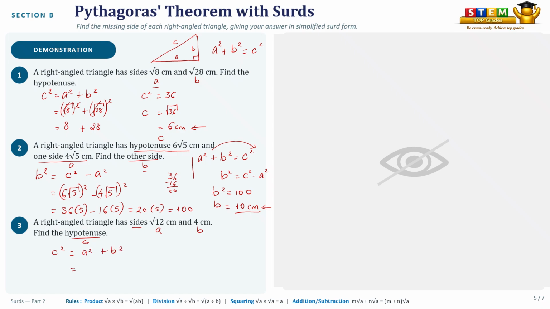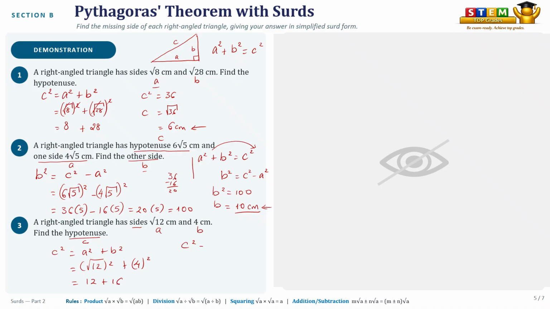We're going to be squaring root 12, and then we're going to be squaring 4. So that's going to be 12 plus 16.